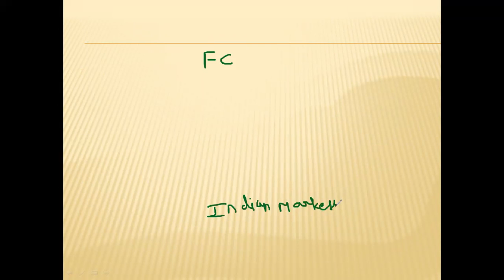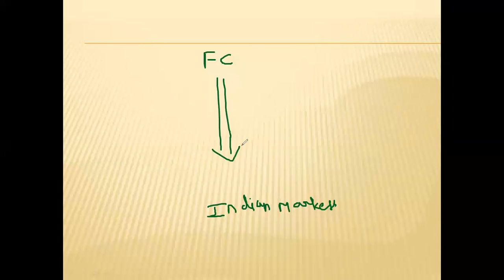Then there will be the reverse procedure. A foreign company cannot issue shares here, so it can issue a depository receipt, which will be known as an Indian depository receipt.